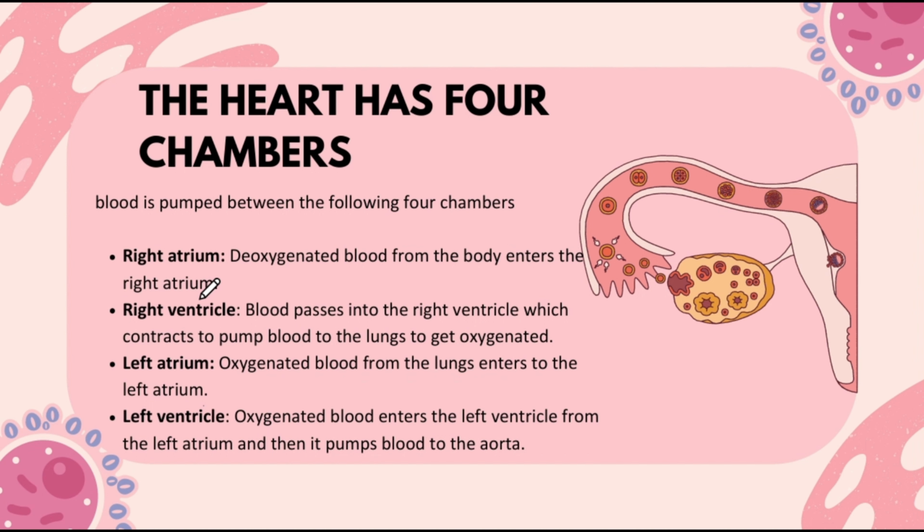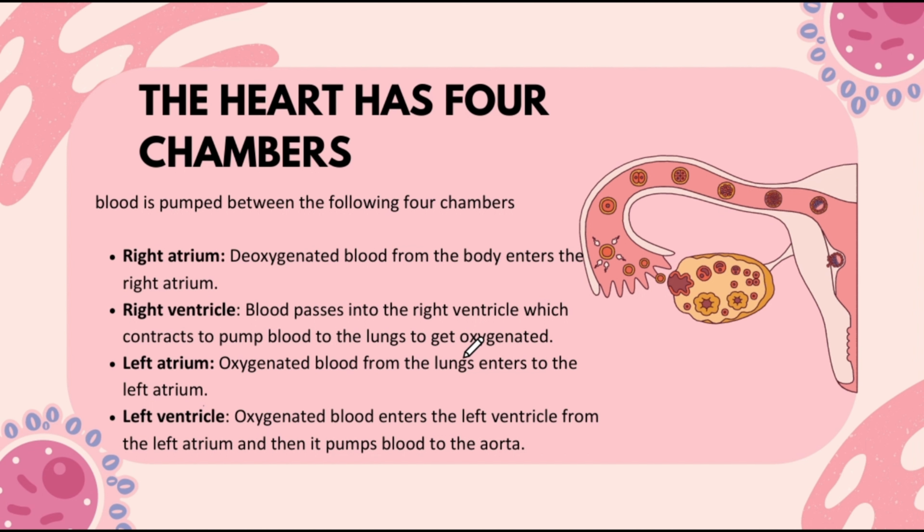When the deoxygenated blood enters the right atrium, the right atrium contracts and the blood passes into the right ventricle, which again contracts to pump blood to the lungs to get oxygenated. The blood is sent to the lungs because the lungs contain oxygen, so it makes the blood oxygenated. The oxygenated blood returns to the heart, to the left atrium.